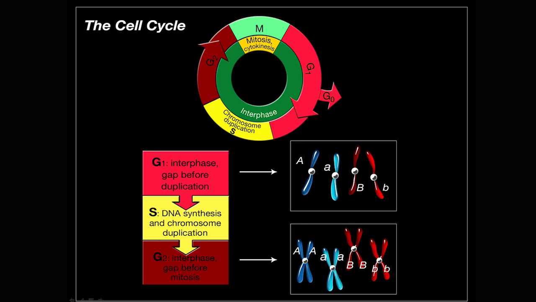So if we try and, I think we will succeed as well, connect the cell cycle to what's going on with the chromosomes, first of all, this is important. We've made a hypothetical organism here. This is one homologous pair that we've drawn in blue. This is a different homologous pair that we've drawn in red. And we only put the A's and the B's there to show that gene A is on one chromosome.